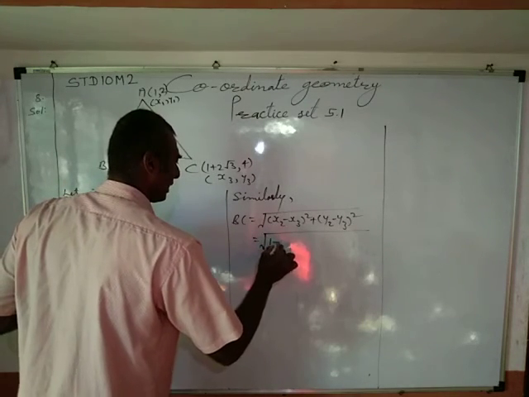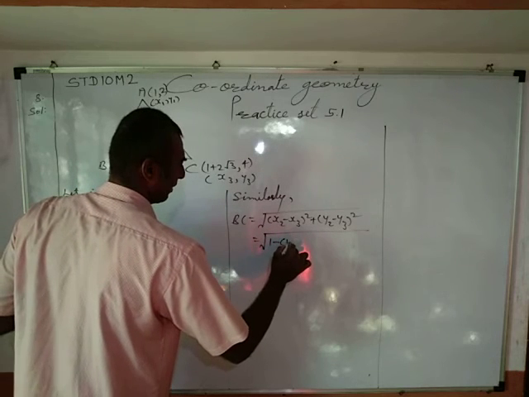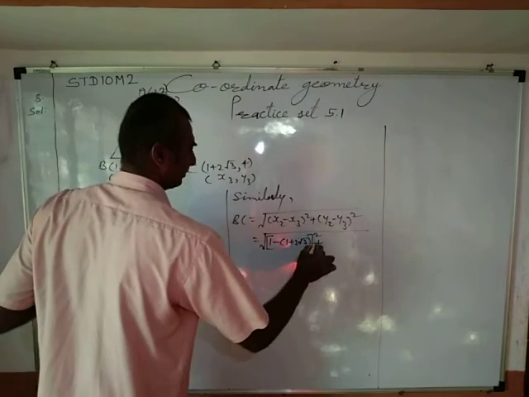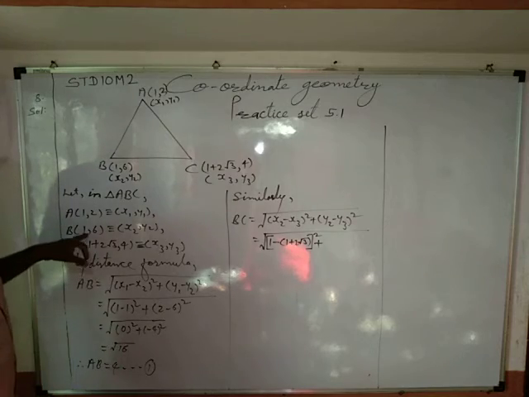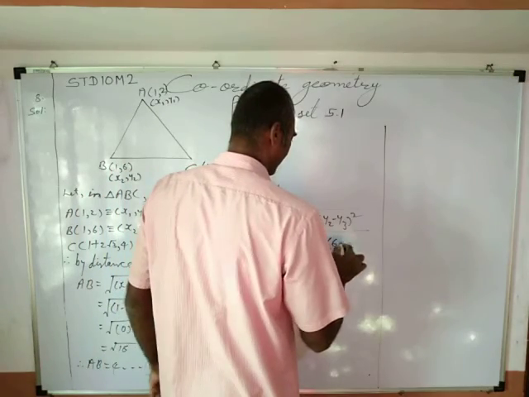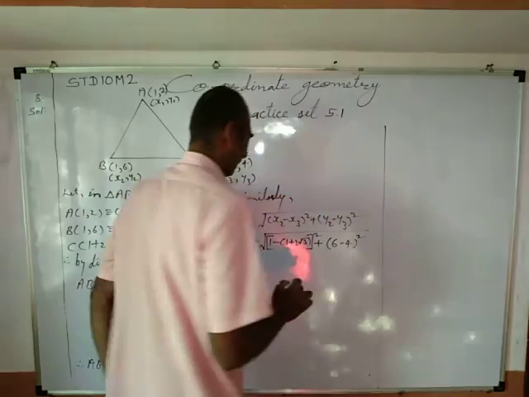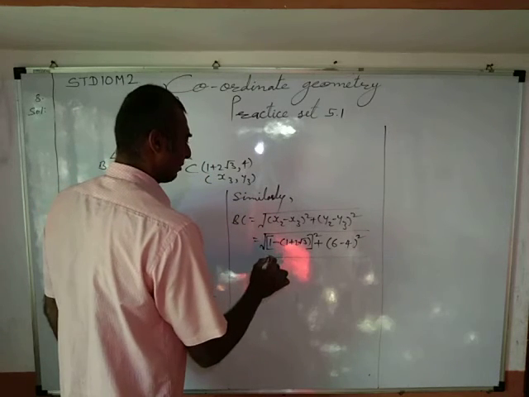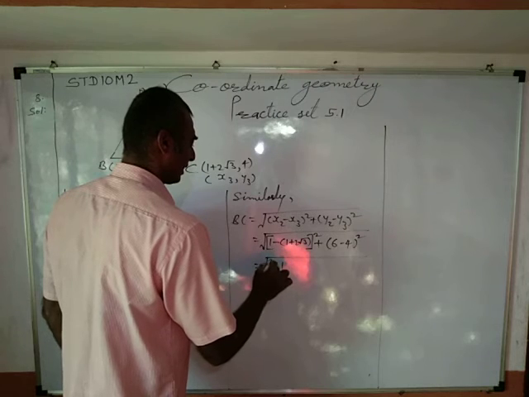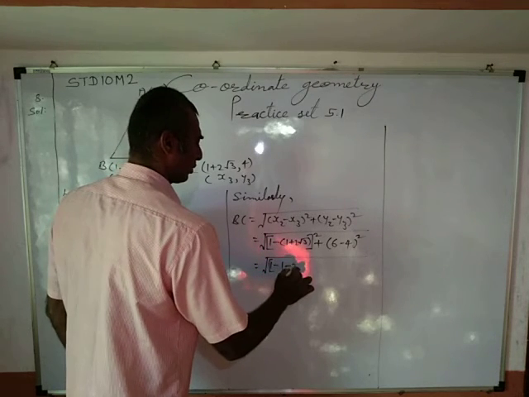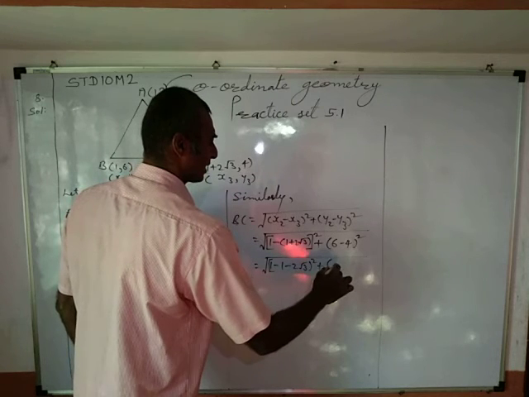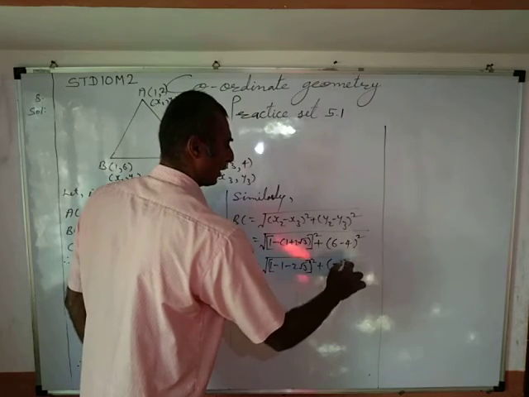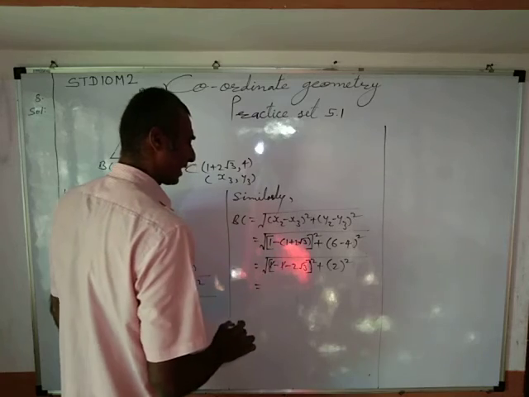That's why it will be (1 minus (1 plus 2 root 3)) its square plus (6 minus 4) whole square. Let's open the bracket: 1 minus 1, minus into plus gives us minus 2 root 3, its square, plus 6 minus 4 gives us 2 its square. 1 minus 1 will cancel each other.